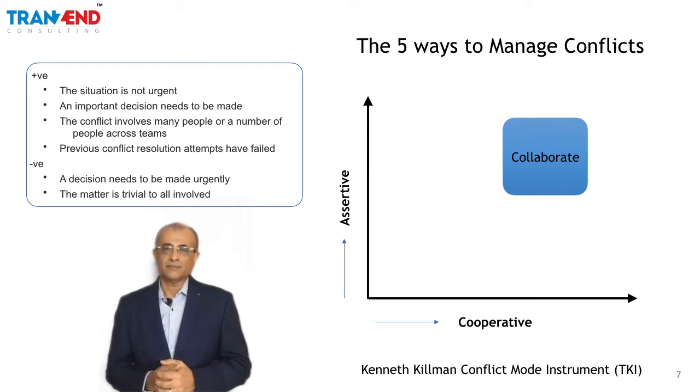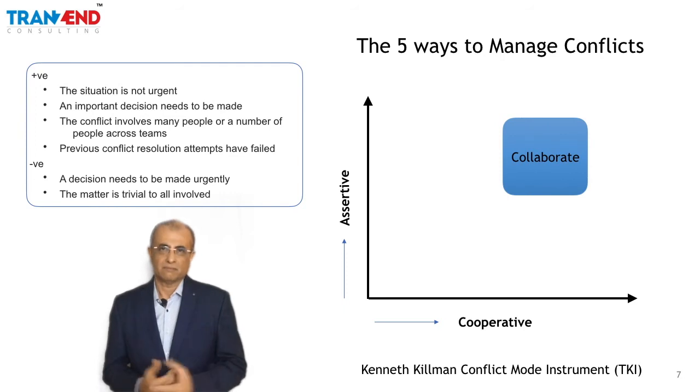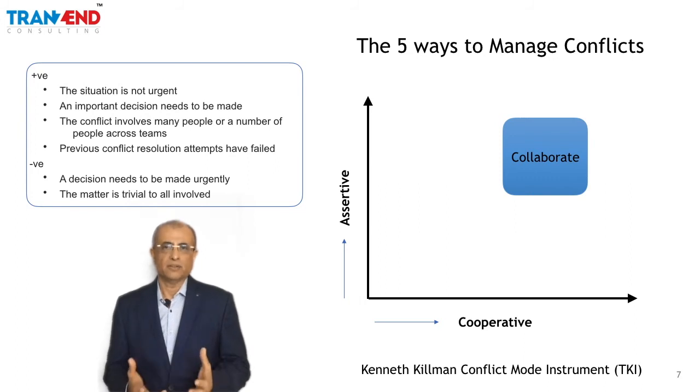On the other hand, situations where a decision has to be made very quickly or the matter is too trivial to spend time on, then it's advisable that we don't spend our effort or energy to collaborate on a decision.